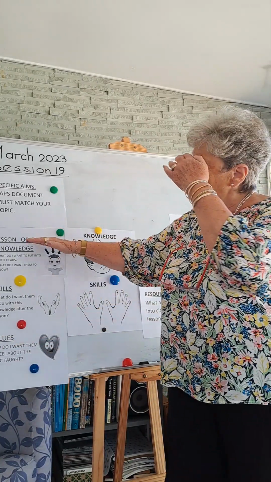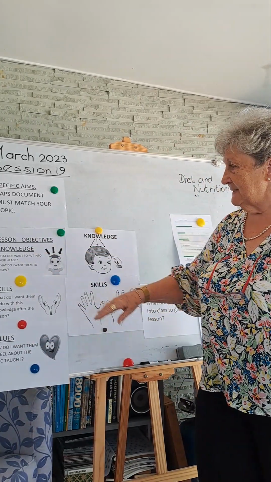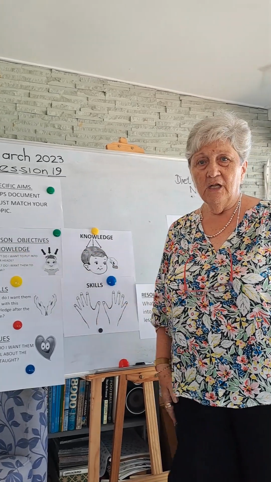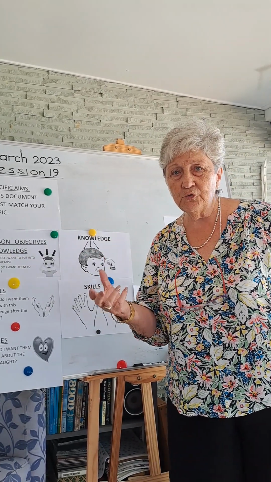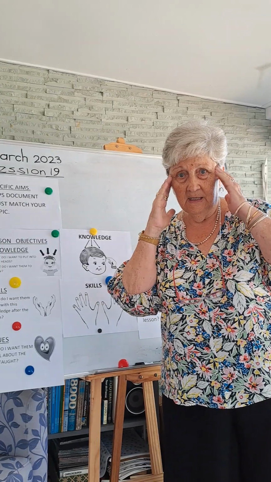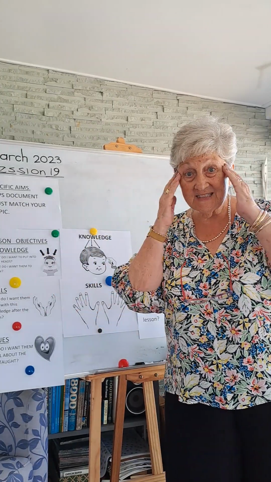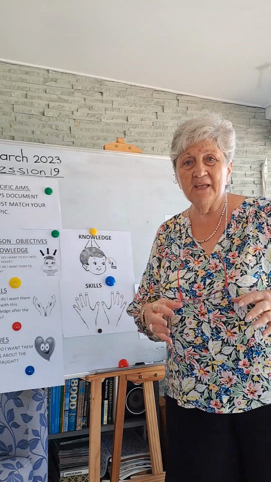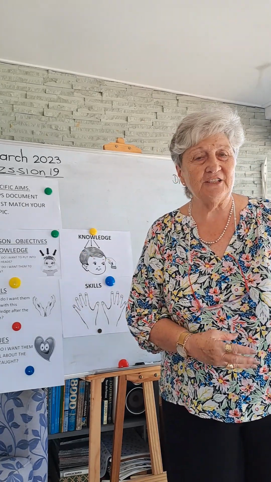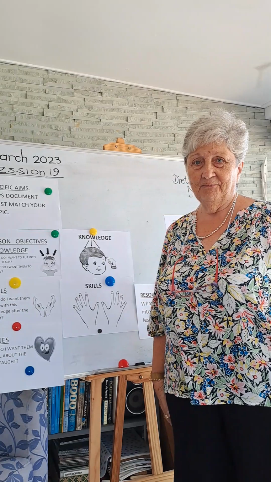Now, when we look at these lesson objectives, if it's knowledge, learners will be able to know. Learners will be able to choose because it's in their heads. Learners will be able to teach because it's in their heads.